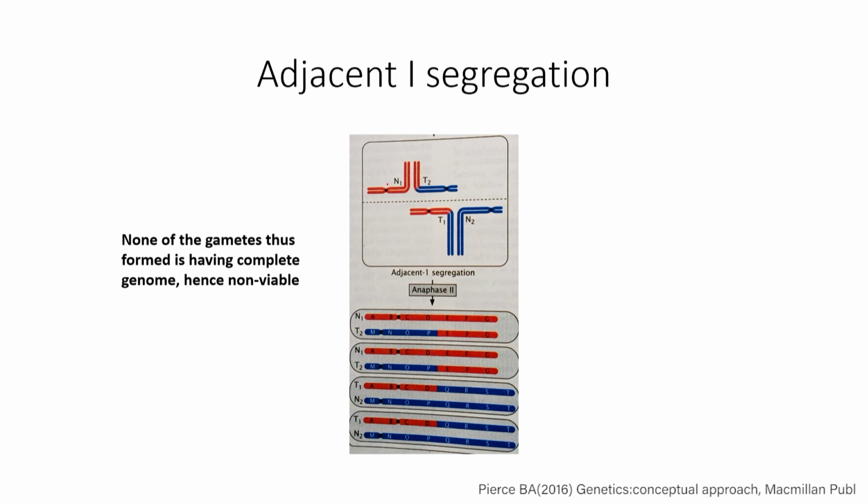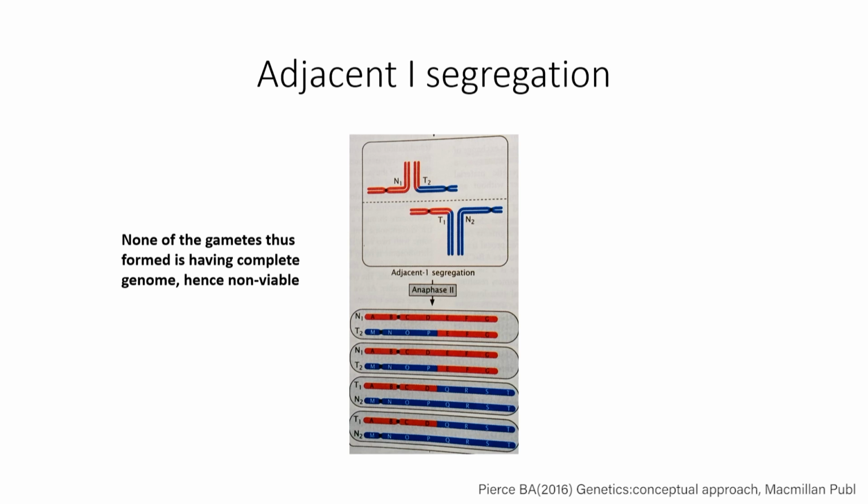In this, the red one is normal. The blue one with red is there. So this is one chromatid of this, another chromatid of this, but these two are not having the complete genome.